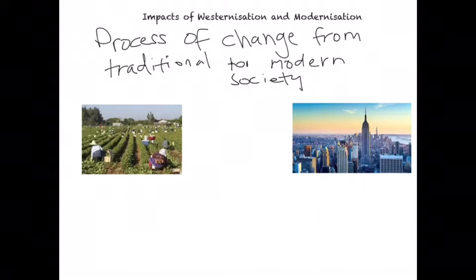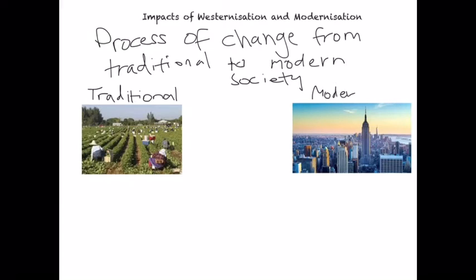So there are two types of societies, or at least in the aspects of ideas of modernisation, and that is traditional and then modern societies. Traditional societies are usually agricultural societies, they're mostly rural. Examples of this could be the Maasai or some parts of Southeast Asia.